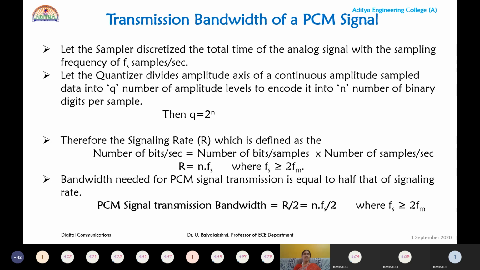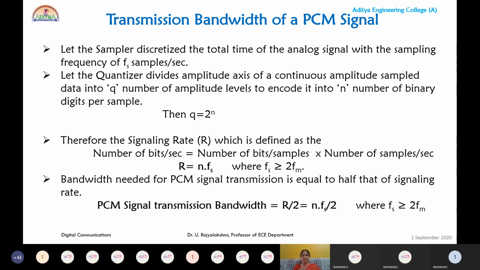Now, what is signaling rate? It is defined as the number of bits transmitted per second. How many bits you are transmitting per second is generally called the signaling rate, or you can also call it the information rate.